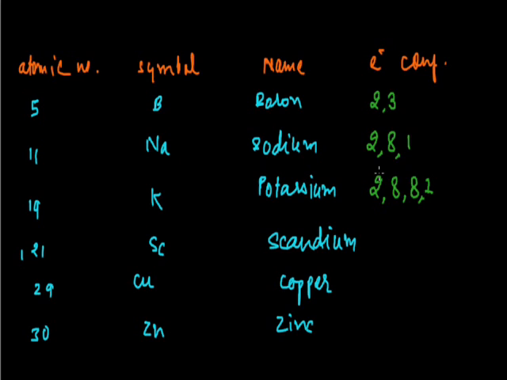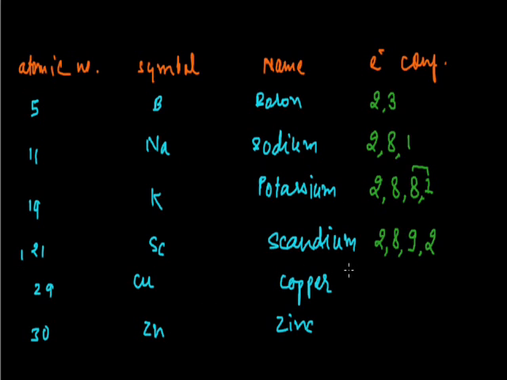So there are 2 electrons in the K shell, 8 electrons in the L shell, and 8 plus 1 electrons in the M shell. In the case of scandium, 2 electrons in K, 8 electrons in the L shell, then 9 electrons in the M shell, and the remaining 2 electrons in the next shell.